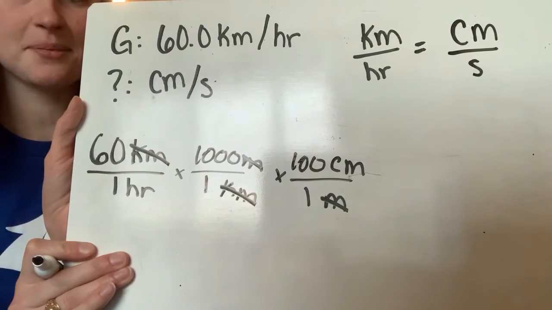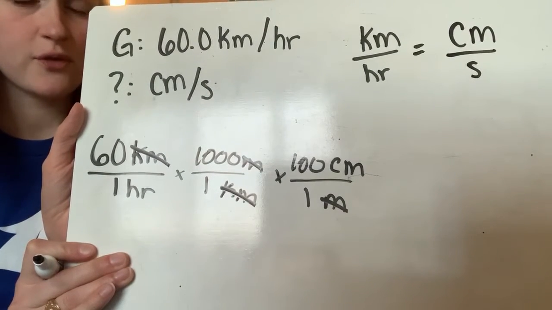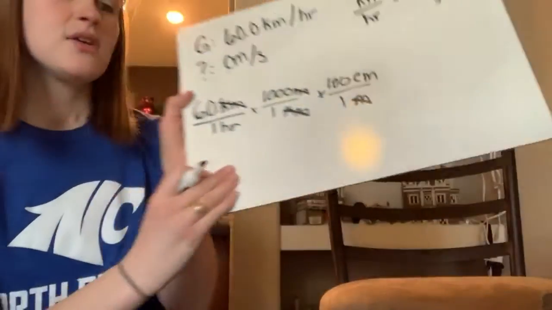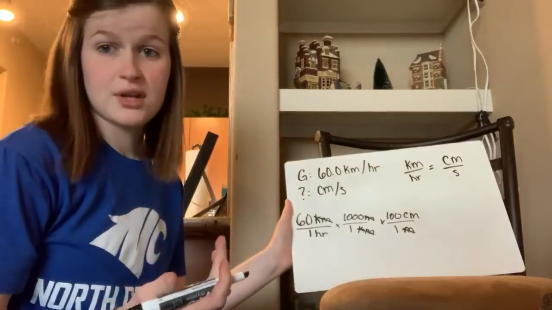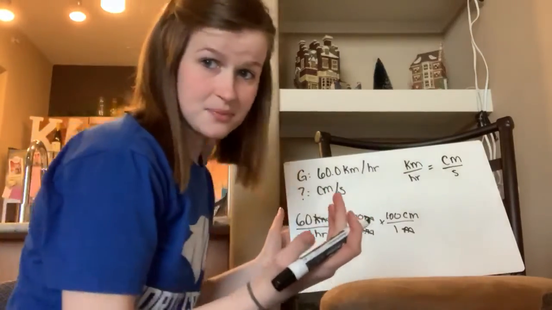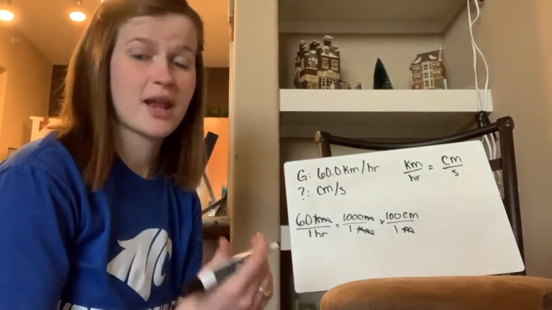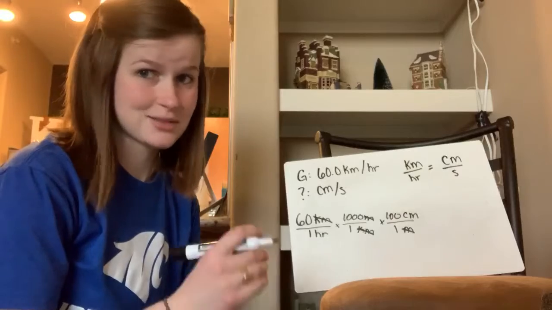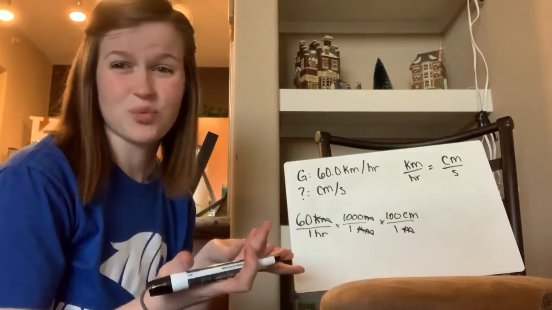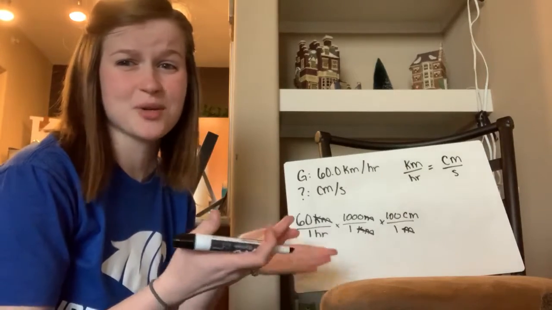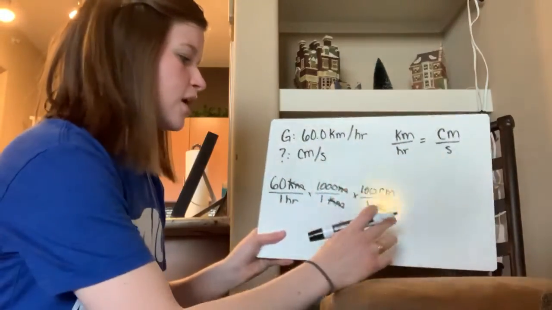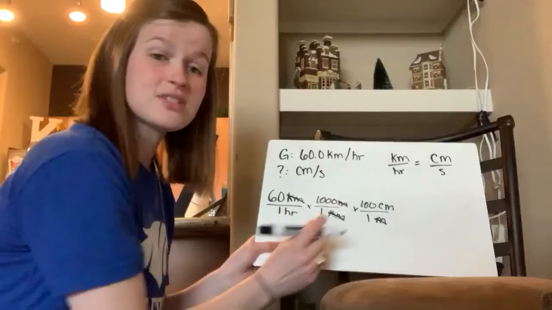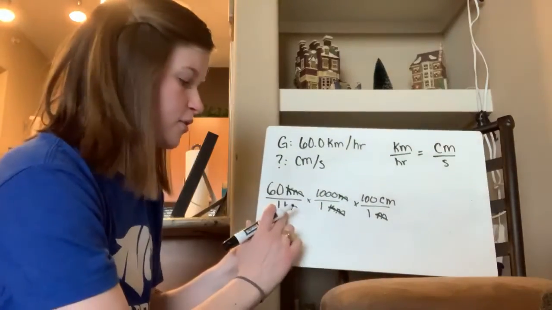So my last steps, 2 of them, is to go from hours to seconds. So I have 2 ratios of 1 to 60. Or you could, if you know 60 times 60 is 3,600, then you could do 1 hour is equal to 3,600 seconds. Don't need to do that. Really easy to just break it up into 1 hour equals 60 minutes and 1 minute equals 60 seconds. So now that I have the correct centimeters and I want centimeters on top, now I'm going to focus on my hours.